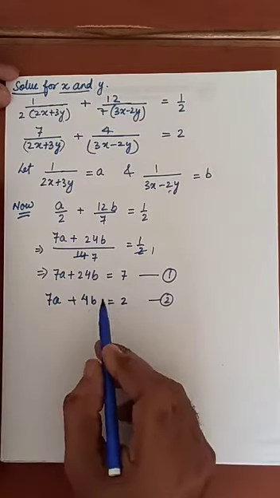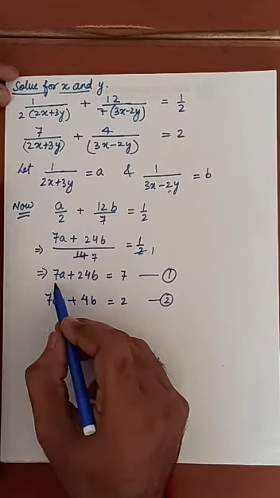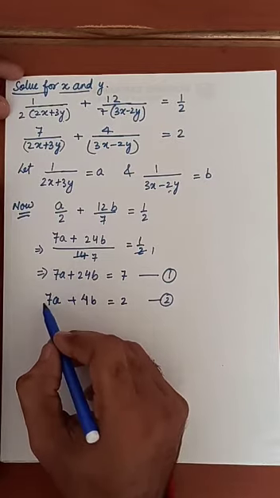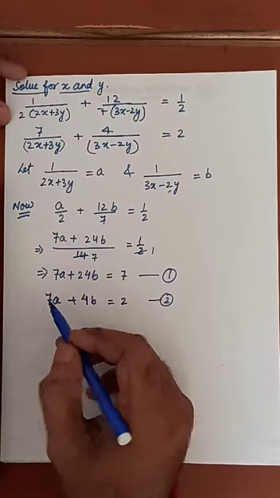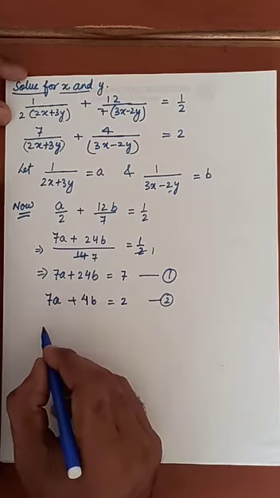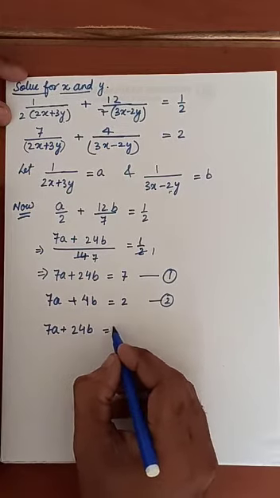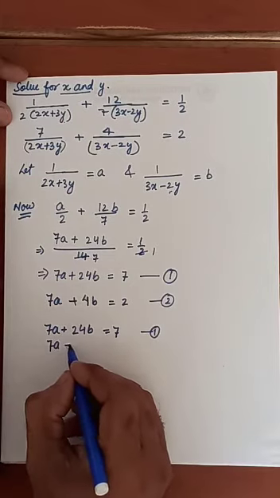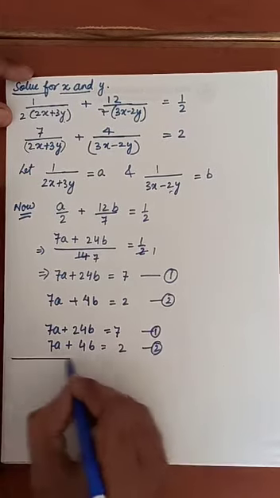In these two equations, the coefficient of the variable a is the same, 7 over here and 7 over here, and both the signs are the same. So what we can do, we can subtract the equations. Here the first equation, 7a plus 24b, that is equals to 7, equation number 1. 7a plus 4b, that is equals to 2, equation number 2.